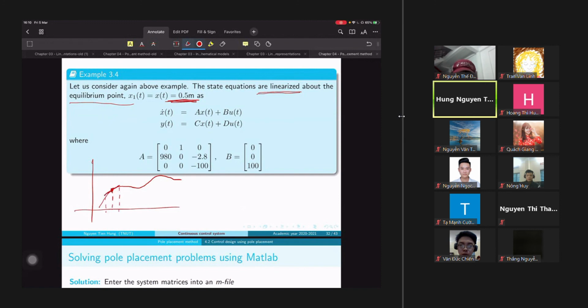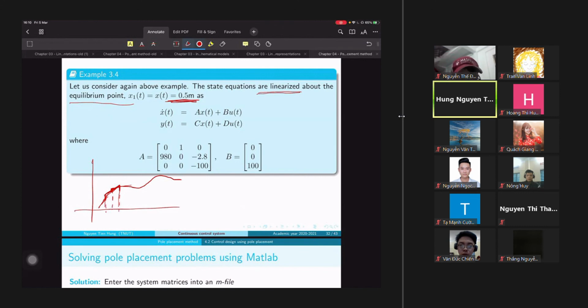This is the equilibrium point, and you replace the curve here with a straight line through the equilibrium point. So this is one way to approximate the nonlinear system by a linear system.